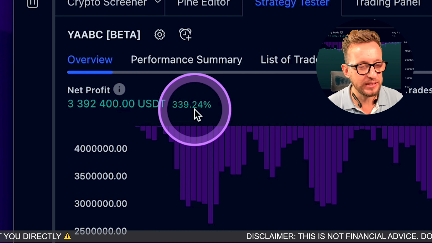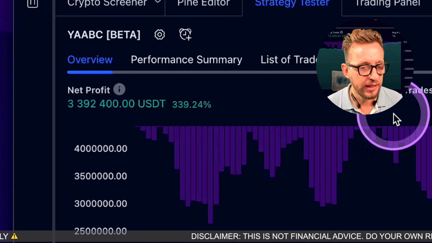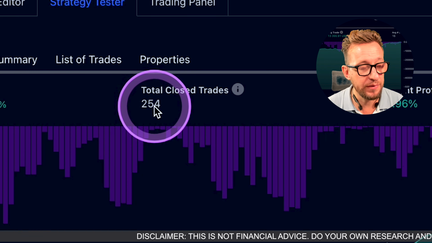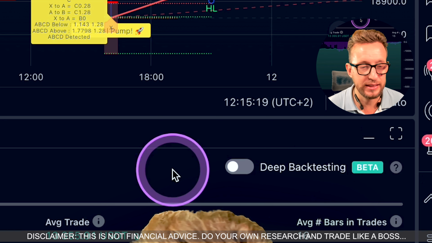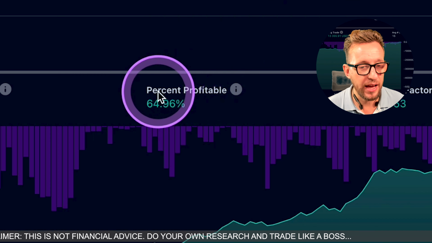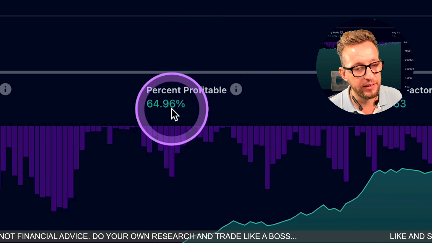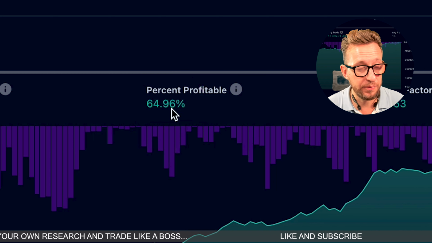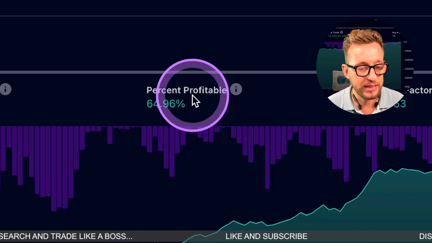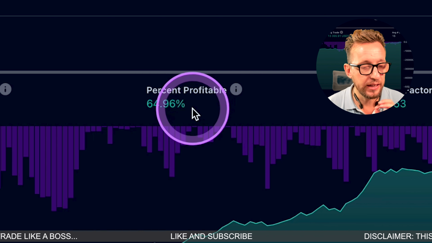As you can see, we have 339% return on investment, well, on net profit, sorry. We have 254 trades, which is a great pool of trades on a single without even using the deep backtester over here. Now I've managed to get that all the way up to 80% win rate. So this is actually percent profitable, which is win rate.